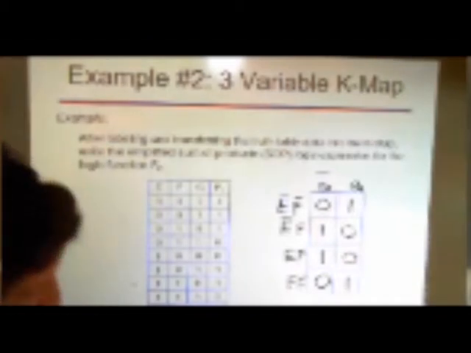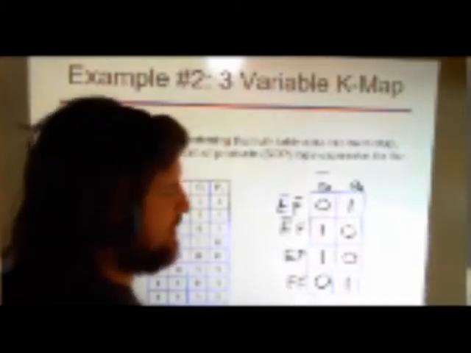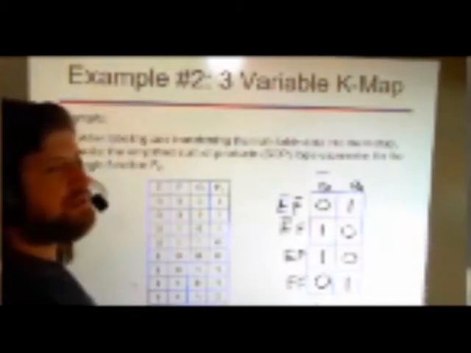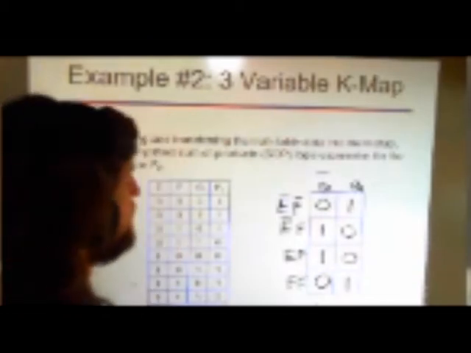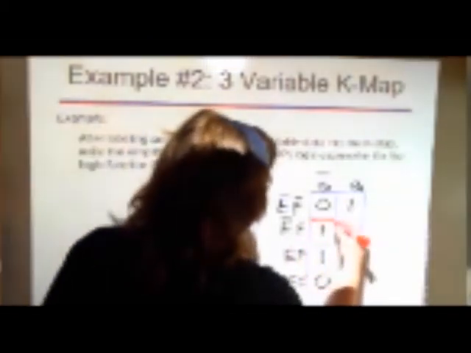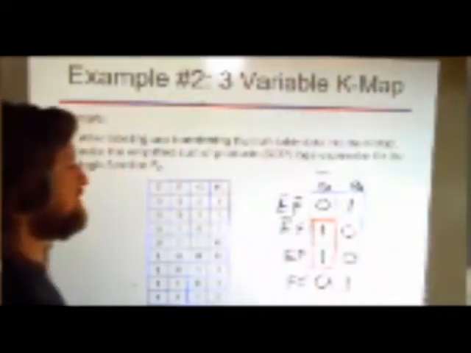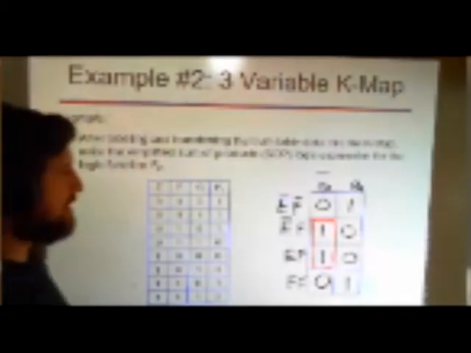And then we can use K-maps to simplify it. Now you work your way up. I start out by going, okay, I want to get the biggest circlings I can. So where's the biggest circling? The biggest grouping I see right here is a group of 2. Oh, hey, look at that nice group of 2. So I can do a circling there.